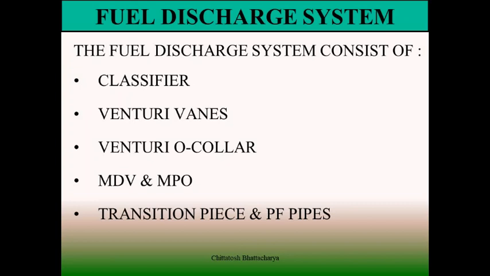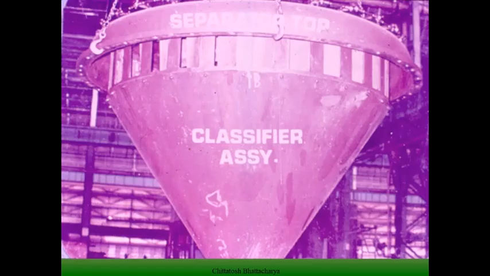As a result of this swirling effect, the heavier particles get separated, and the lighter particles, according to their fineness, move up through the coal carrier pipes.